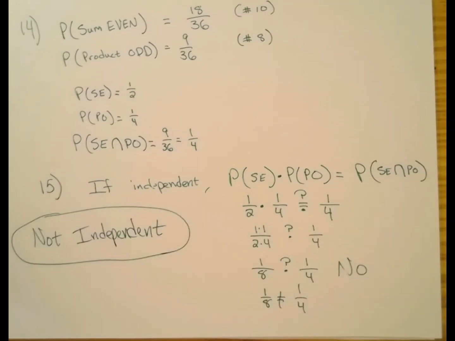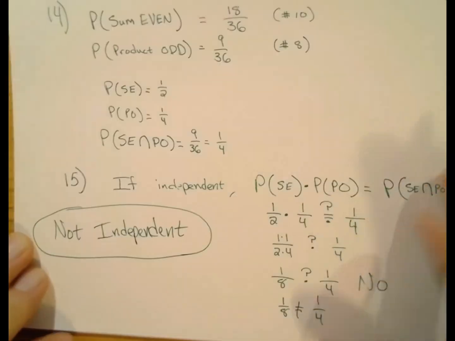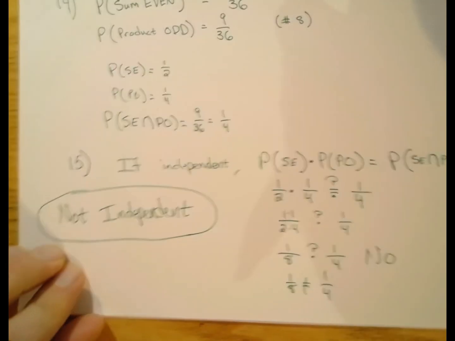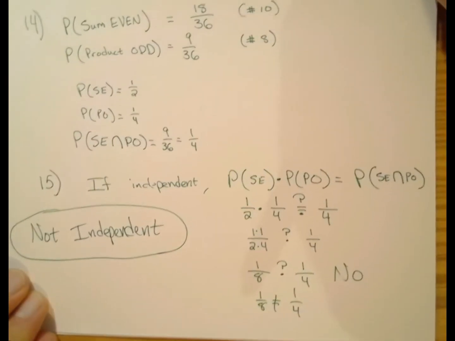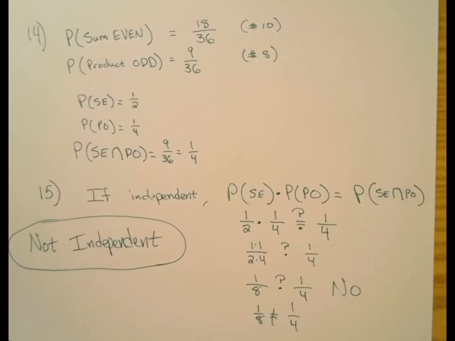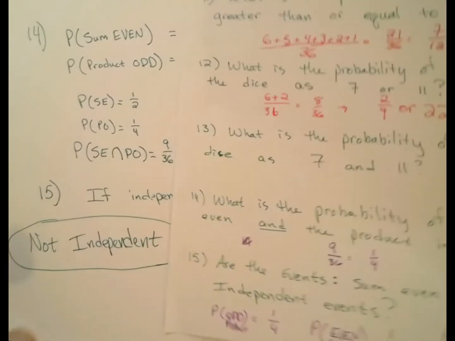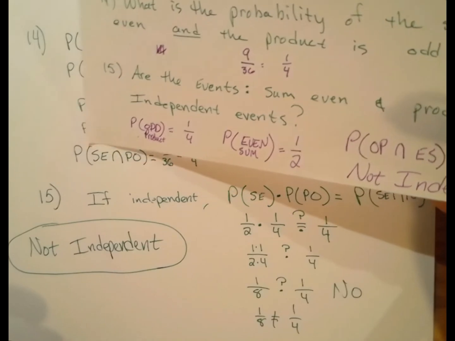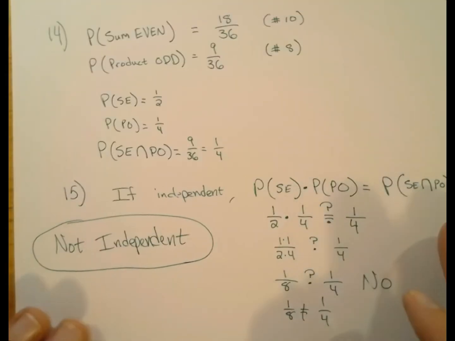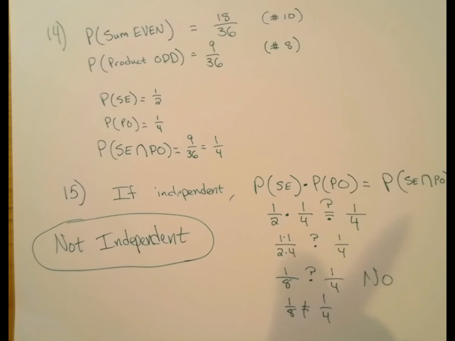And let's think about that logically for just a moment here, and then we'll finish the video. What was the question asking in number 15? Are the events the sum of the two dice even and the product of the two dice odd? Are those independent? It turns out no. Those two events actually do depend on each other. Well, actually, I'm saying this backwards.